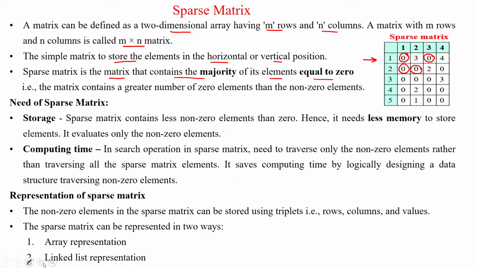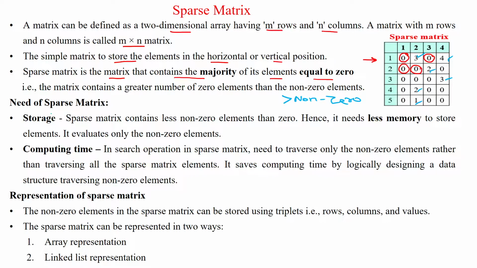Only a few elements are non-zero elements, like here 3, 4, 2, 2, 3, 1. The number of zero elements is greater than the non-zero elements. So here the non-zero elements are very few in the sparse matrix, so that's why it is called a sparse matrix.